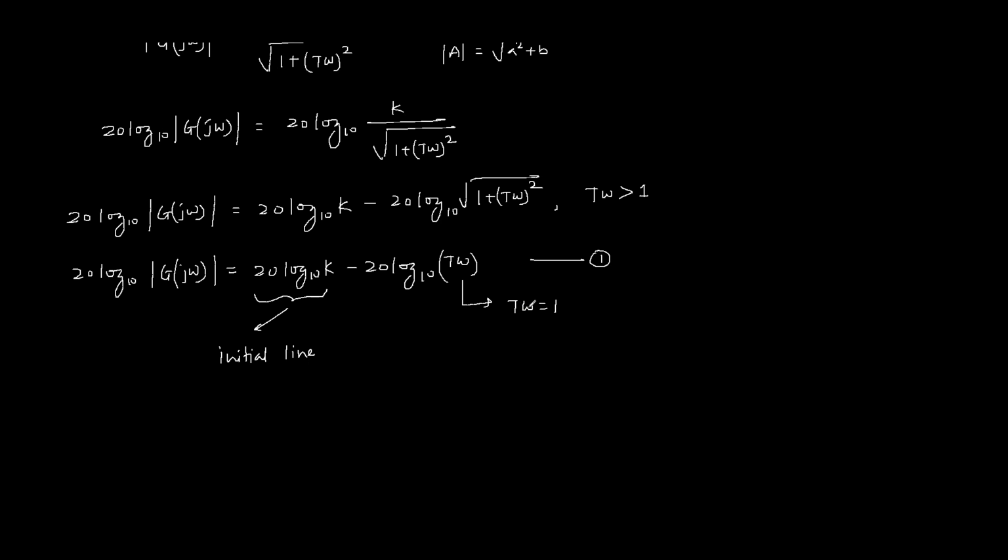So when T omega is 1, or at omega equal to 1 by T, the value of this line is 0. This line exists for T omega greater than 1 or omega greater than 1 by T. And the slope of this line is negative, which is minus 20 dB per decade.